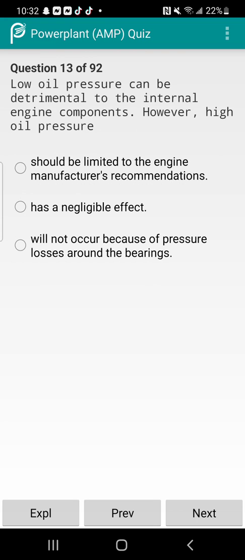Low oil pressure can be detrimental to the internal engine components.